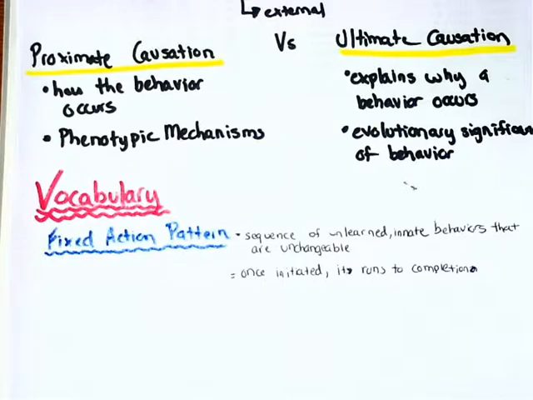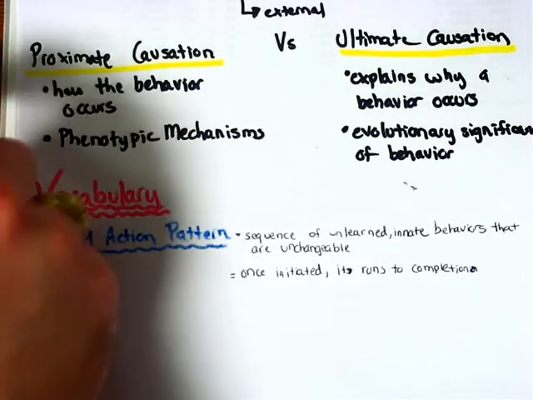Now, if you were to simulate this event, and instead of putting the fish with the red body in the tank, you put a stick that has red on it, the fish still turn to their aggressive behavior. So that's a fixed action pattern, where once those little fish see red, they're defensive automatically, and they're defensive the entire way through. They don't stop. Okay, that's a fixed action pattern.